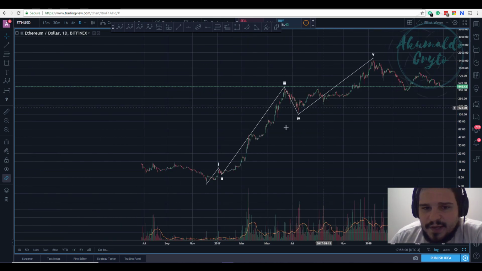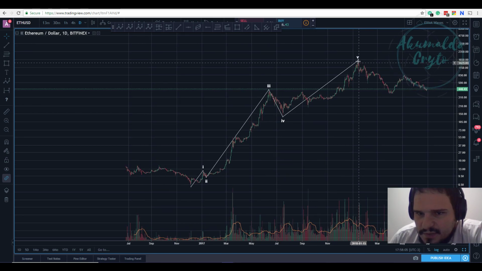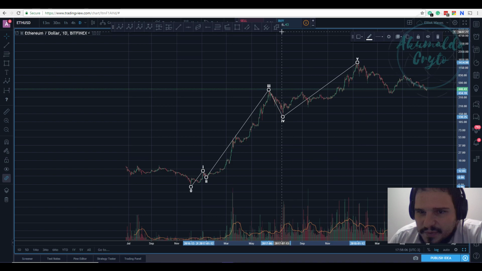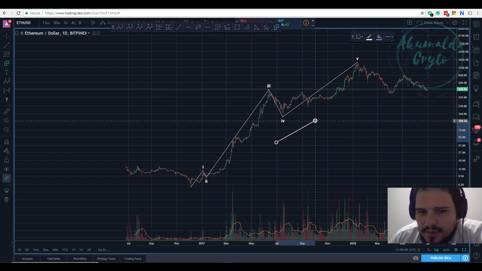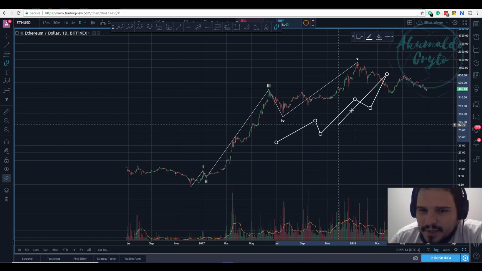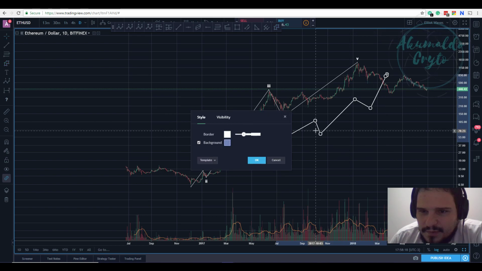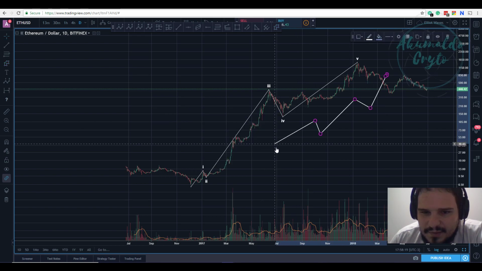Here we have this shape. The shape is not perfect. The shape is not a really beautiful 1, 2, 3, 4, 5. Oh my God, that bad.